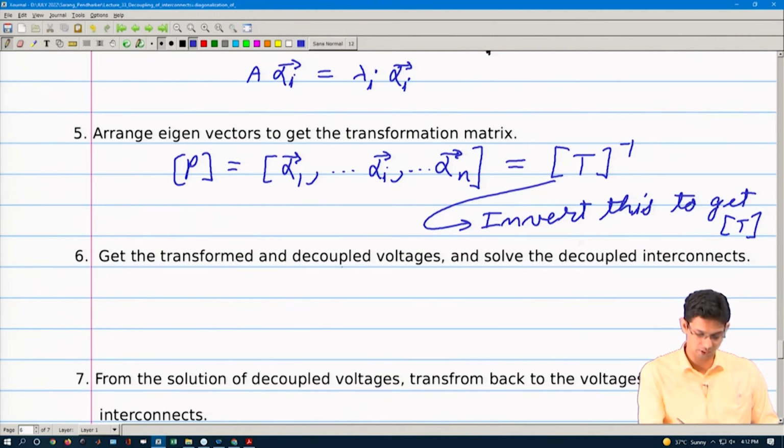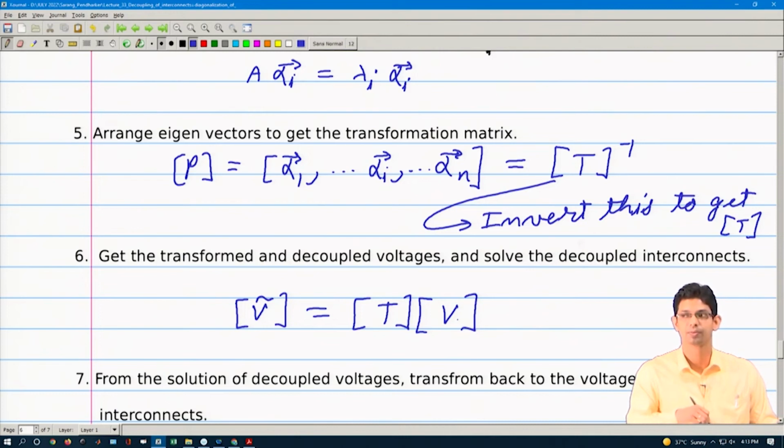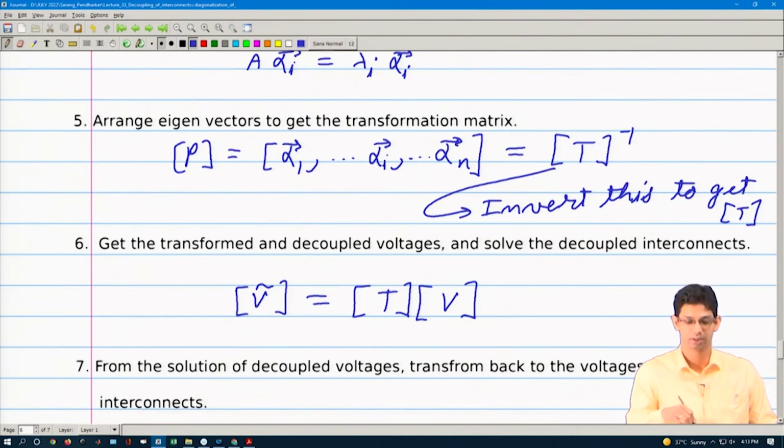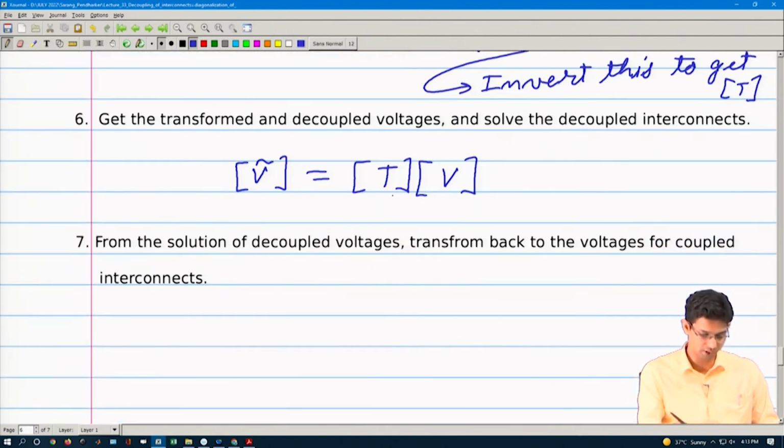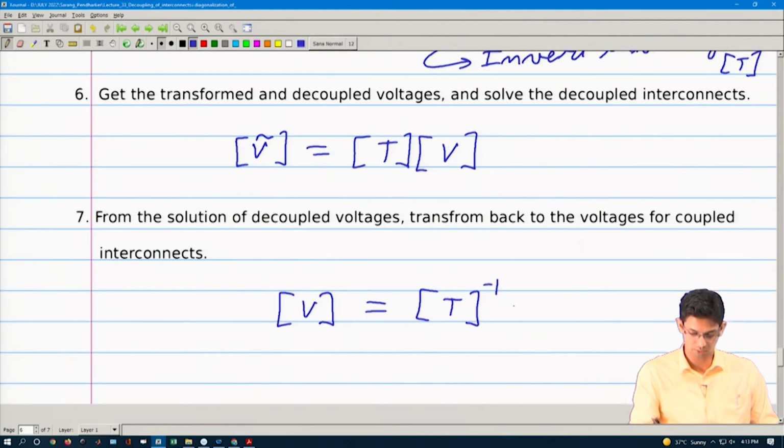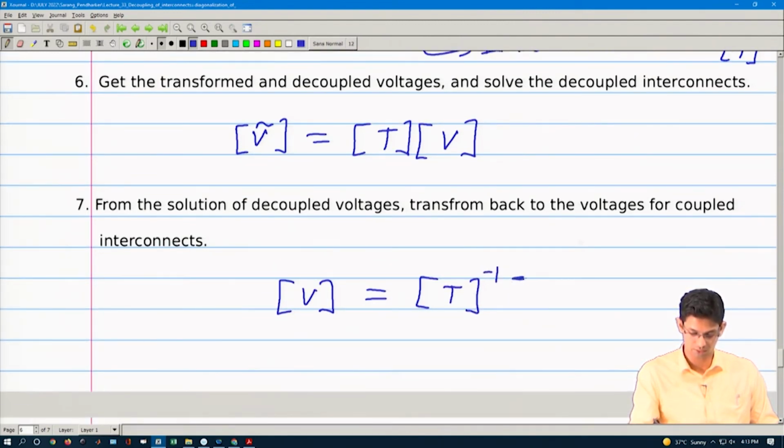Then from this transformation matrix, you get the transformed voltages V tilde as T into V, and from there you then solve it, and after you have solved it, you then again decouple to T inverse, yes. So, this gives you the final thing.